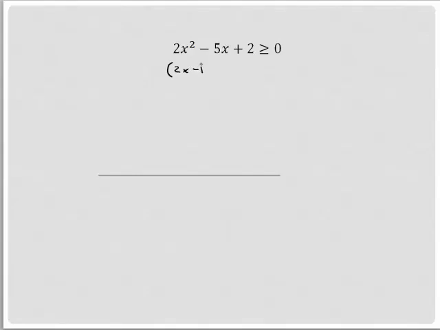2x minus 1 and x minus 2. We set those equal to 0, and we get x equals negative 2. We'll do a little math here.